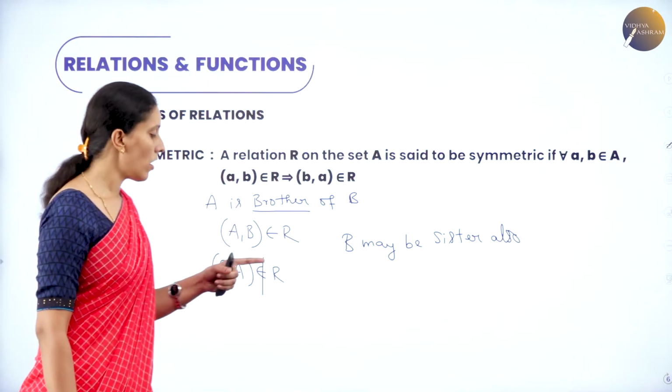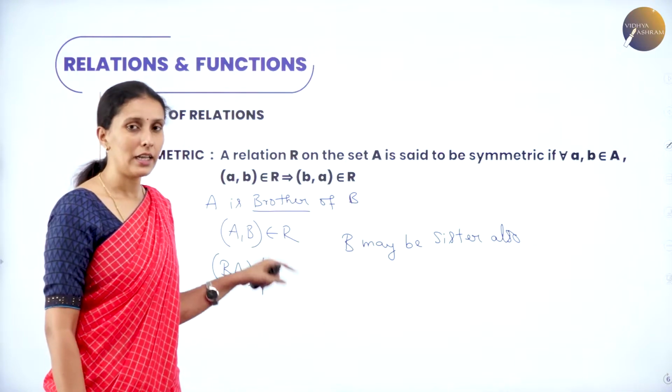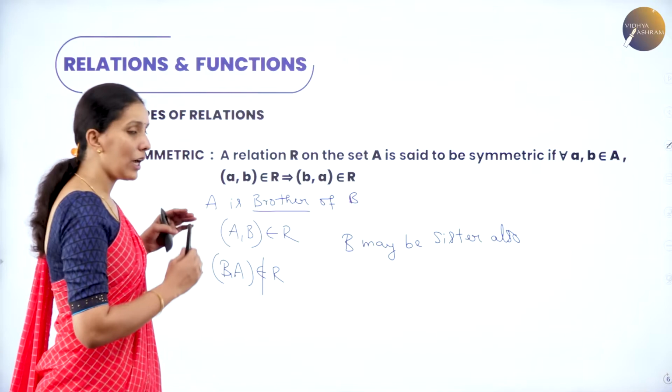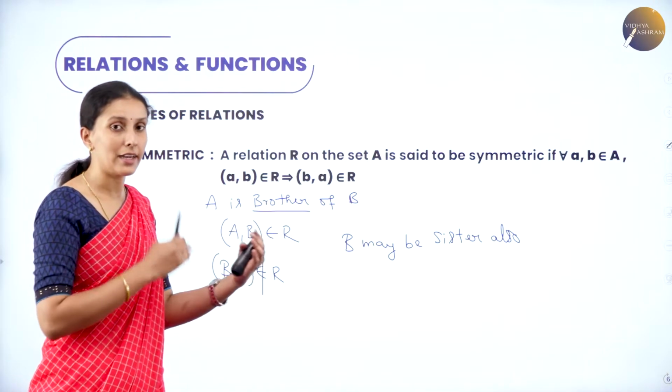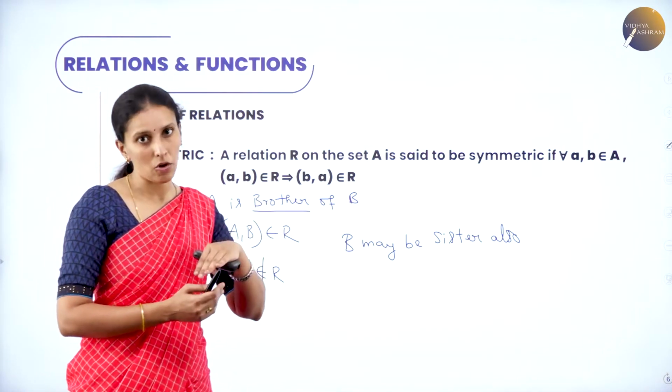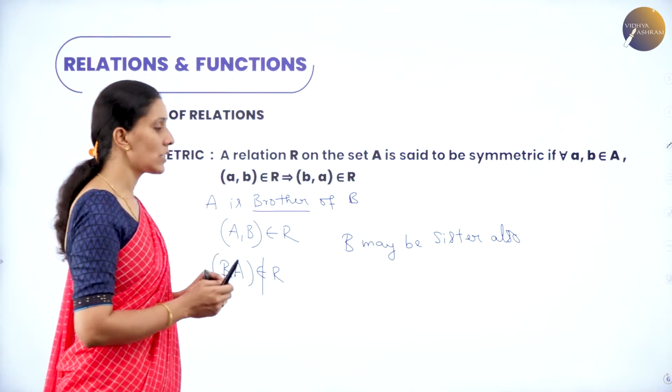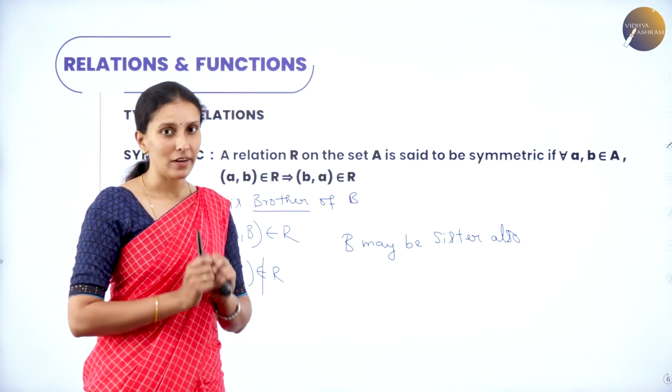So since I cannot write (B, A) belongs to R here, this is not an example of a symmetric relation. Whenever a condition is satisfied from one side, it has to be satisfied from the other end also. Then only we say that it is a symmetric relation.